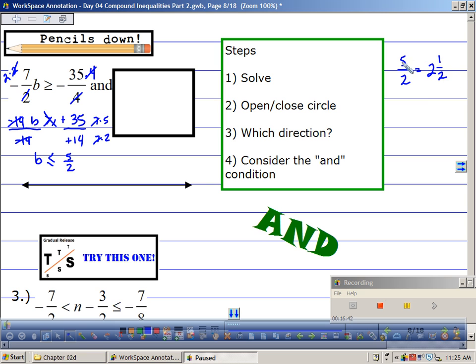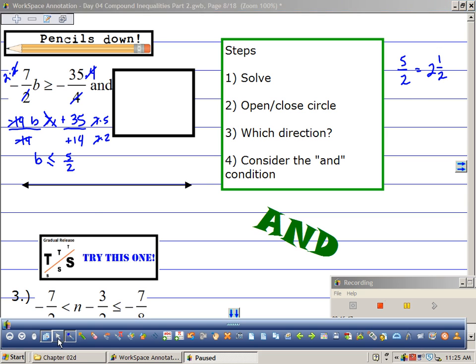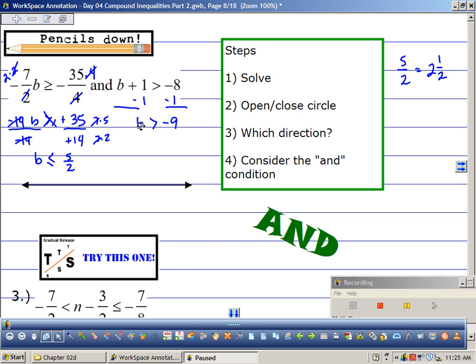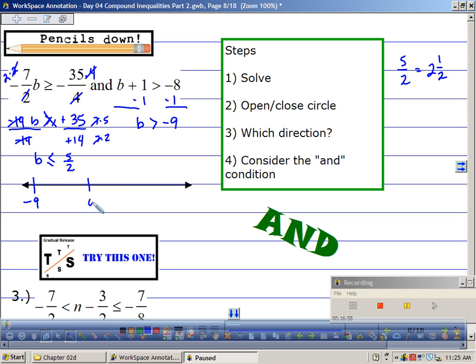2.5. But if you don't like switching fractions like that, there is another easy way to do this. Let's unveil this. I'm talking about negative 9 would be way over here. 5 halves is a fraction, so let's just put a 1 and a 2.